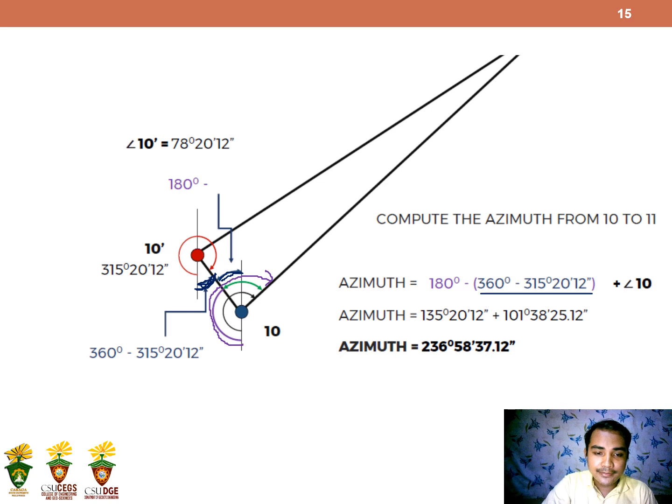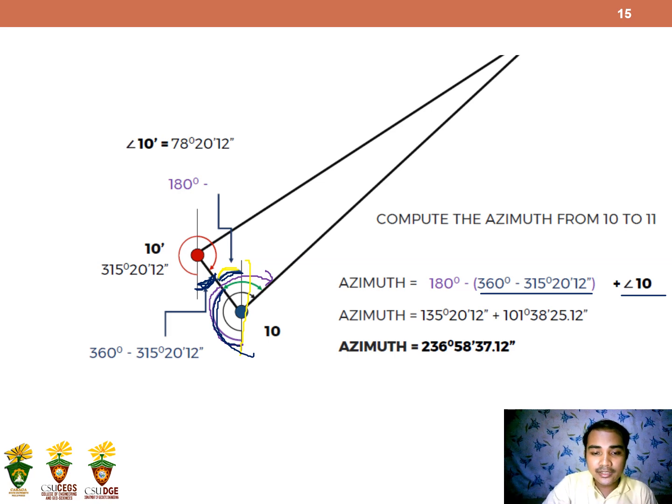So to calculate the azimuth from station 10 to 11, it is just 180 degrees, let us visualize, 180 degrees minus this angle, which is equal to 360 degrees minus 315 degrees 20 minutes 12 seconds. What remains is this part here. And since our azimuth is heading towards 11, we just add angle 10.